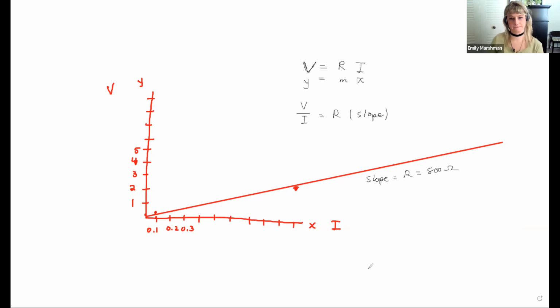Now careful, you might have to convert because all of the currents here are in milliamps. So you're going to have to convert that into amps to get the correct value for the resistance R. So make sure you do that when you do your plotting of the data. But that's the idea. And then you'll do it for the other resistances too, the 405 resistance and the 40 ohms resistance, and see if the slope of your line is equal to your resistance.